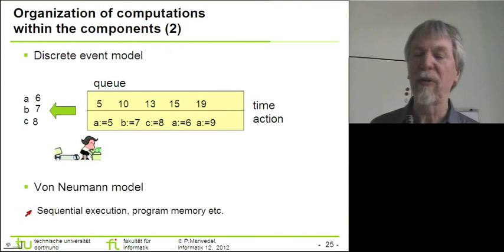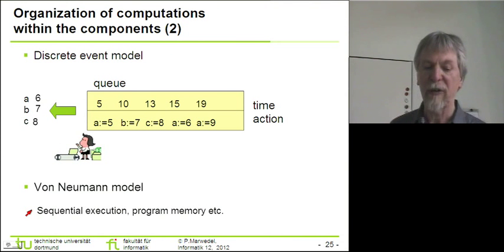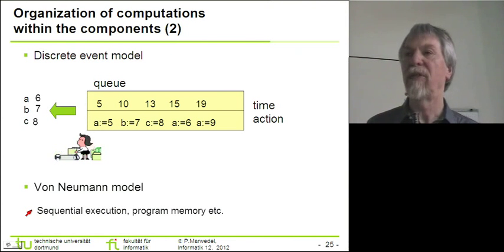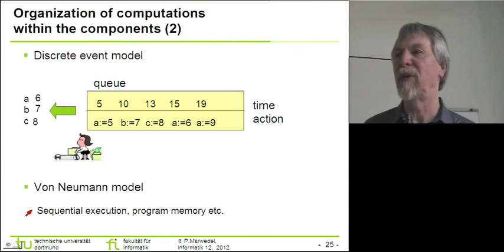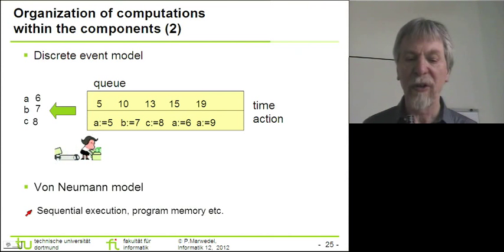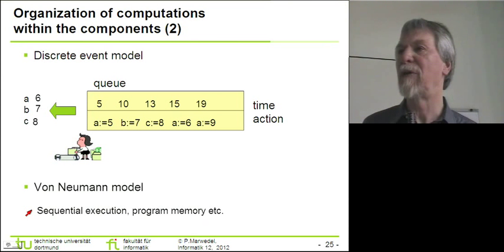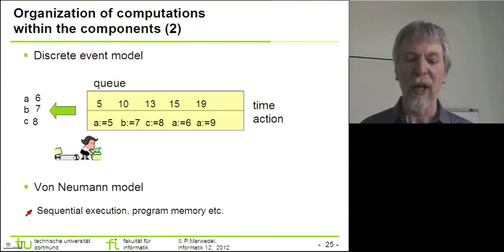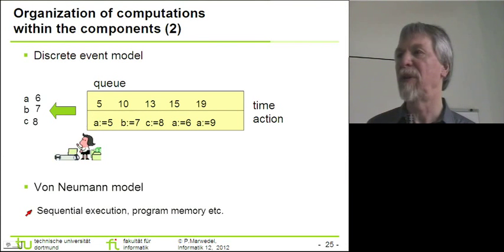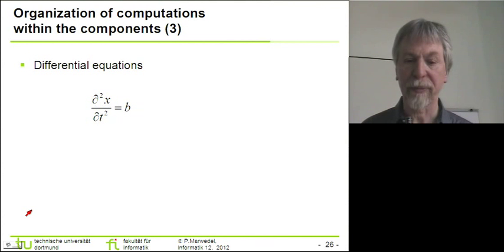There you assume that unless something else is explicitly indicated, you have a sequential execution, you have a program memory, and you have a memory for variables, which can be reassigned again and again. All these are parts of the so-called von Neumann model, and we may have a number of threads that we are executing in such a von Neumann model, and usually we also assume that there are some global variables, and we have seen all the problems resulting from the use of global variables.